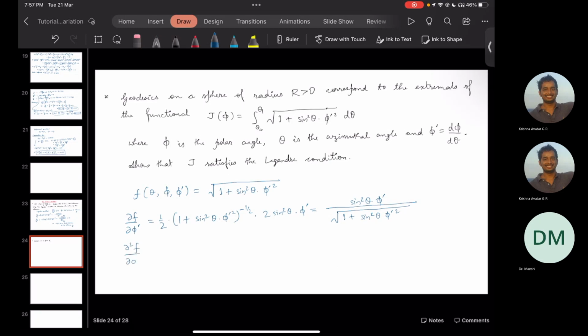Taking the second derivative of f with respect to φ'. I will use the derivative of a ratio of functions.